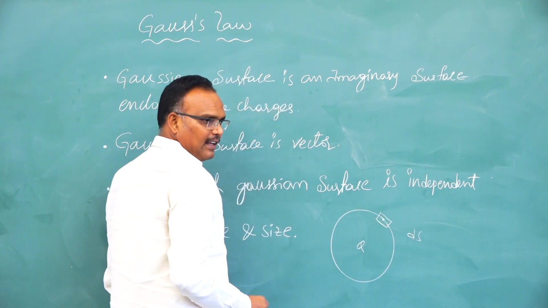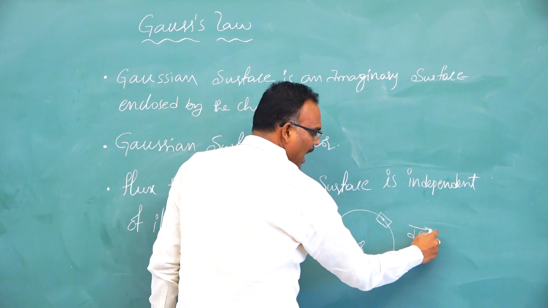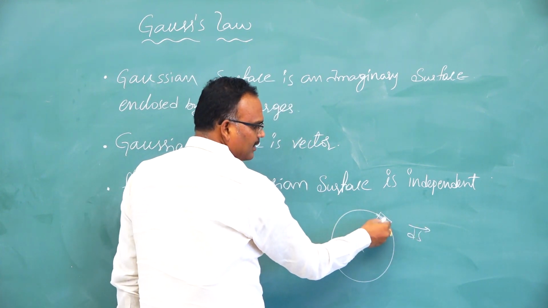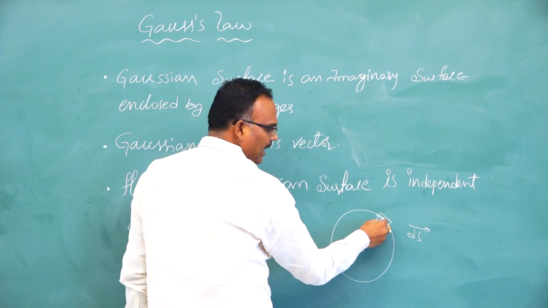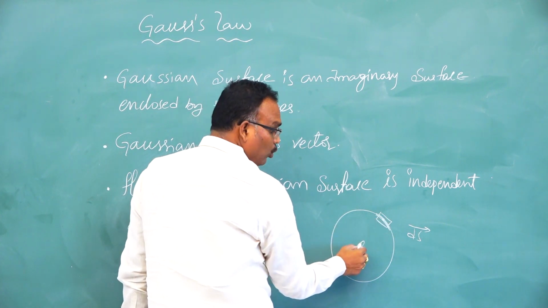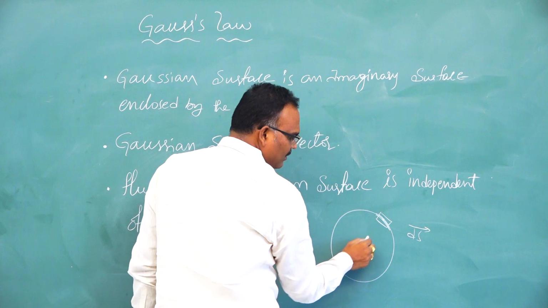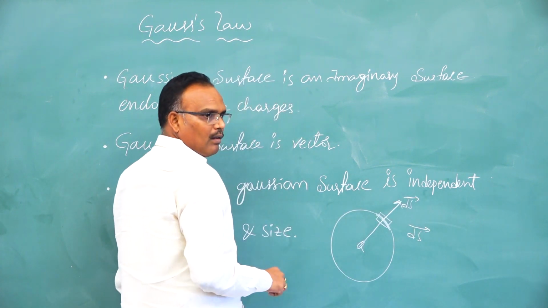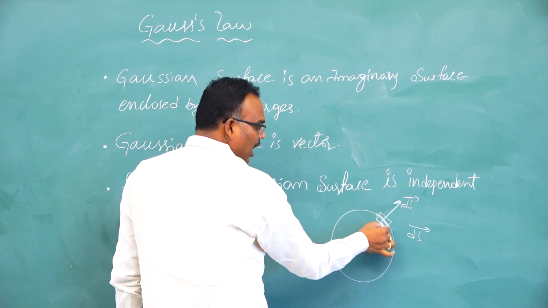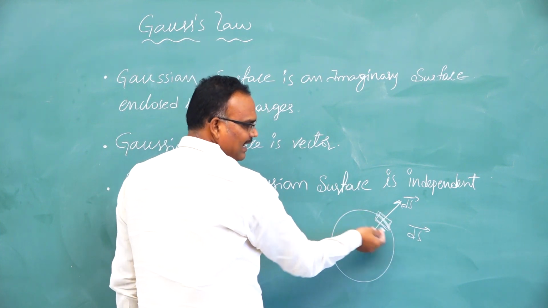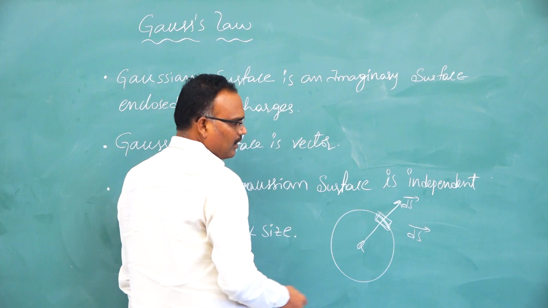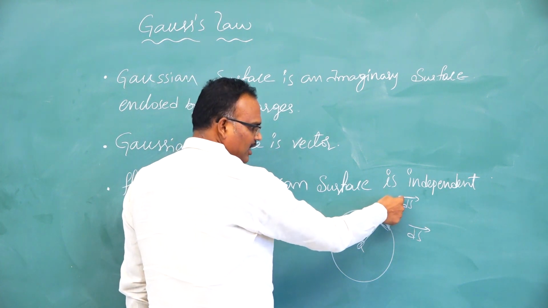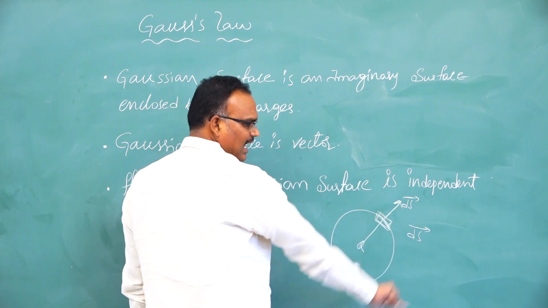See, this is ds bar. Surface area vector is, I have told already, it is always perpendicular to the surface and outwards. So that's why ds bar will be in this direction. Okay, so this is Gaussian surface only, we are selecting here a small elemental portion. So that's why it is outwards. So it will have direction, so that's why it can be called a vector.